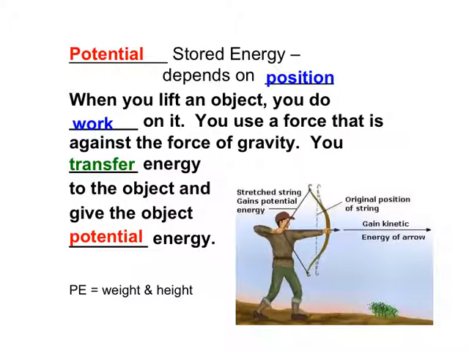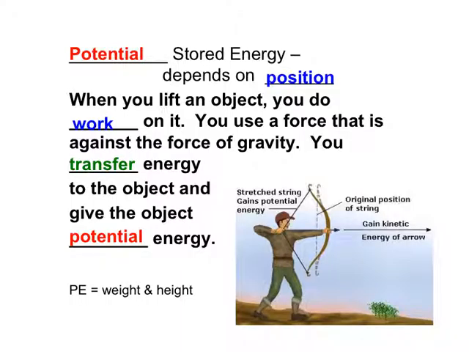Okay, potential energy is stored energy. And as we showed you before, it depends on the position. The higher you go, the more potential or stored energy you have. So if you lift an object, you're doing work on it because you're applying a force and it's moving in the direction of that force.